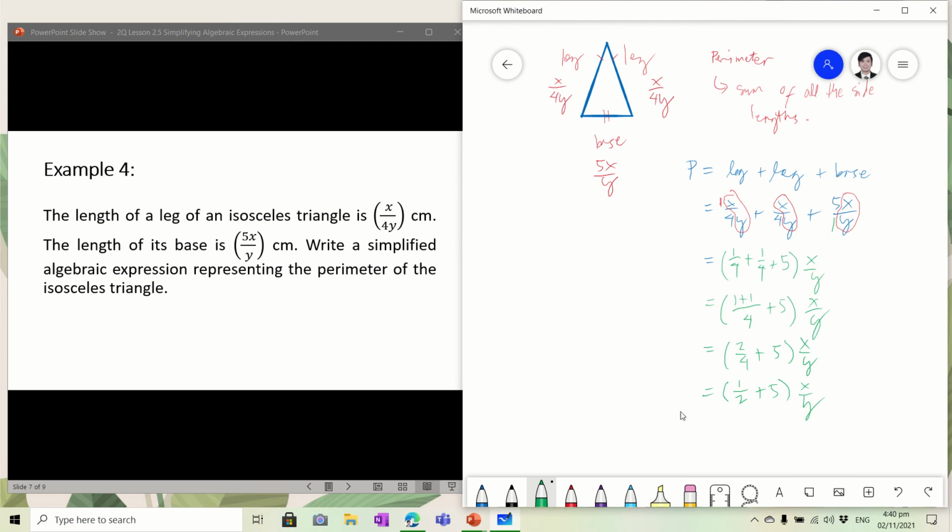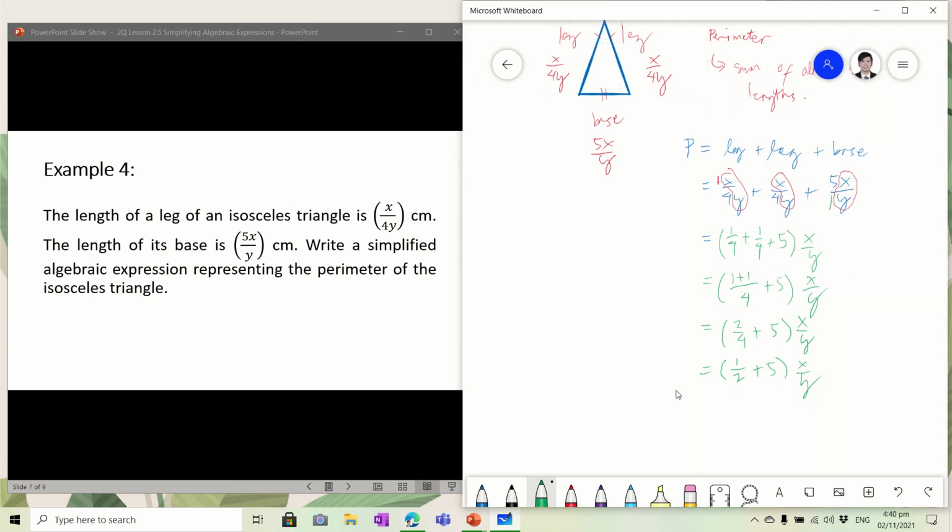So if they have different denominators, we have to find the LCD first. So the LCD of our denominators, 2 and 1, because it's the denominator of the 5, the LCD would just be a 2. So for 1/2, it's already a 2 in the denominator, so no need to do anything.